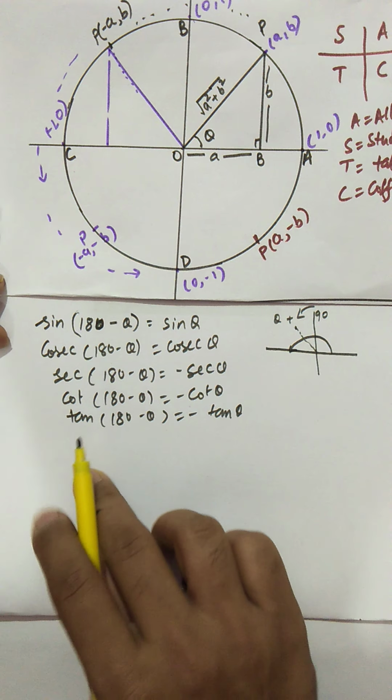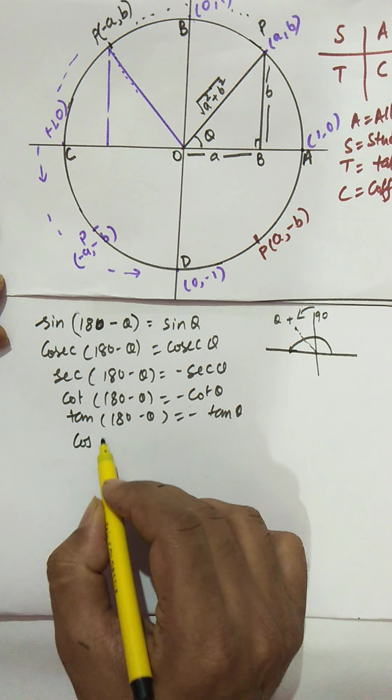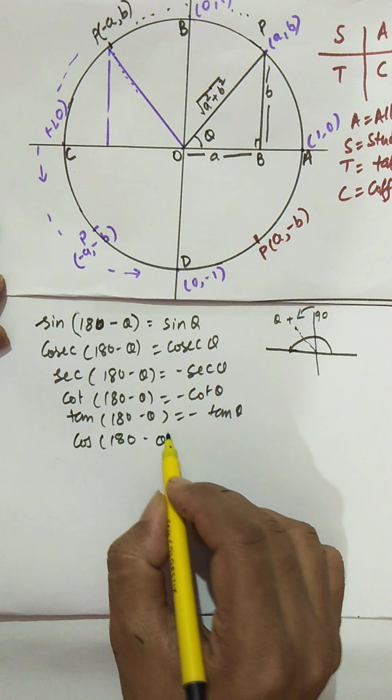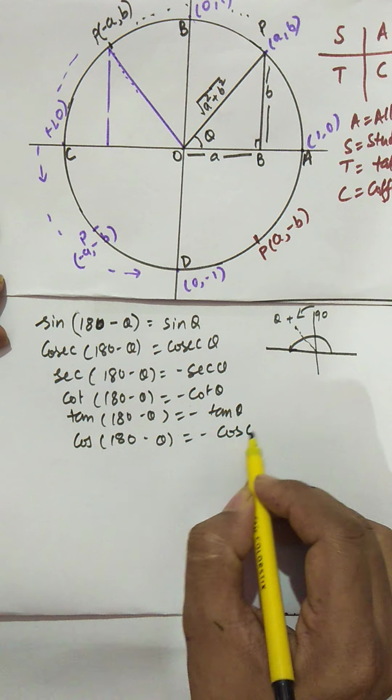So one, cos, is left: cos 180 minus theta is also going to be minus cos theta.